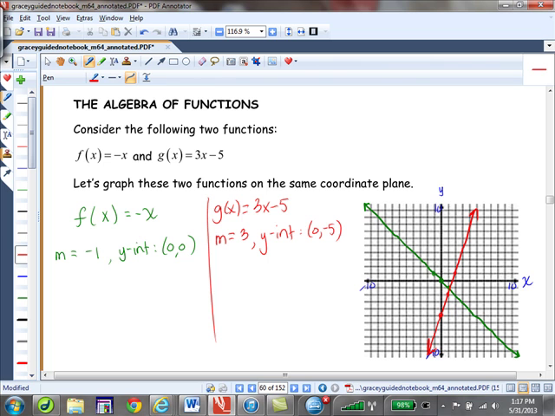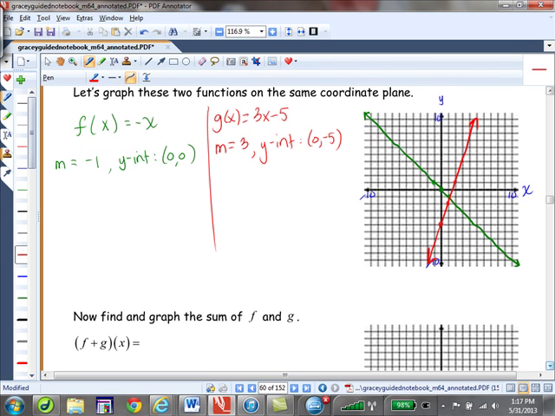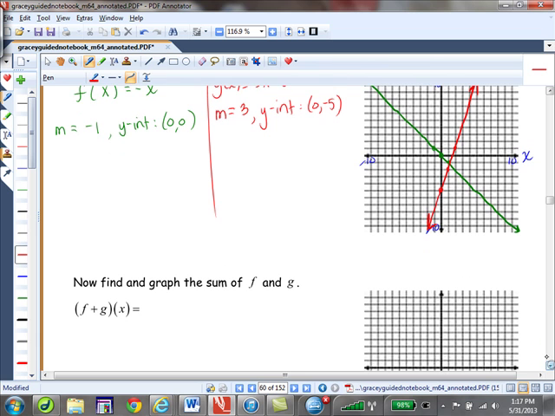Okay, so we've got two of these functions graphed on the same coordinate plane, right? Now, if we were to look at the sum of these functions, you could literally look at the ordered pairs. If you take a look at, for example, each function evaluated at 0, and if you added the y values, the green graph has an output of 0.